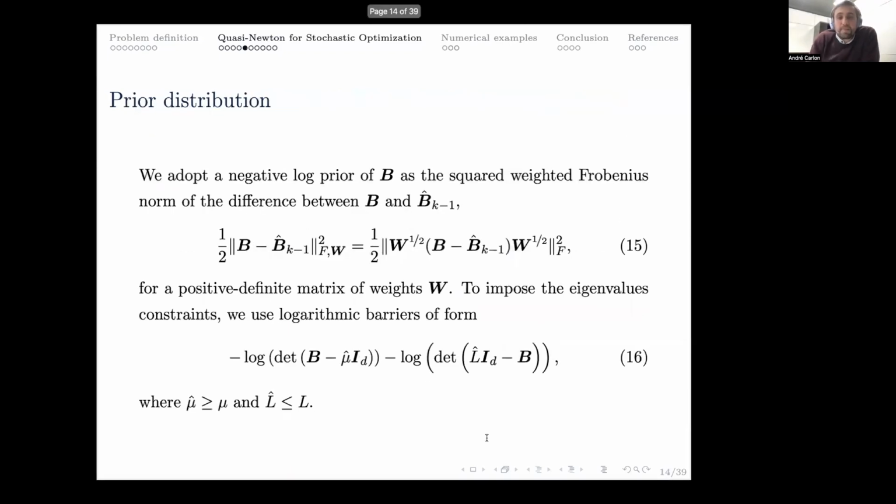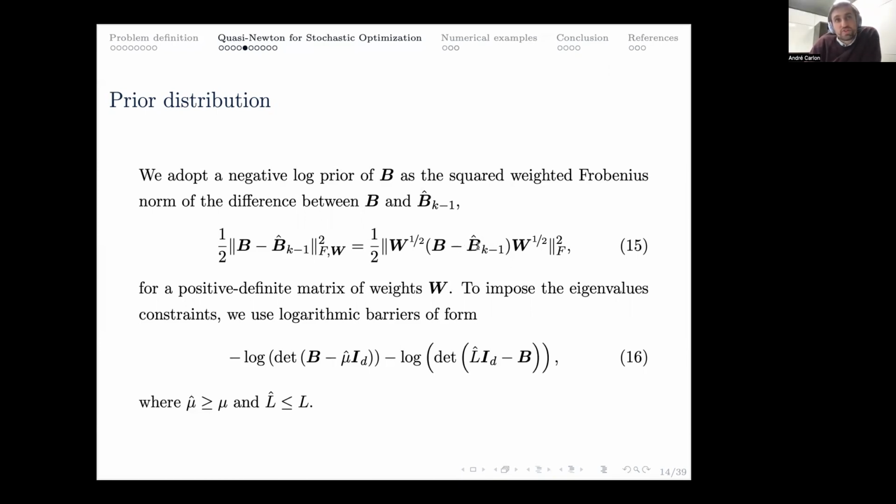Okay. So let's discuss these two distributions that we have to define, the prior and the likelihood, to get the posterior. To pick the prior, we use the same idea that is used in the deterministic quasi-Newton methods. We have this weighted Frobenius norm that measures the distance, in the sense of some matrix, between some candidate matrix P and the previous information that we had.